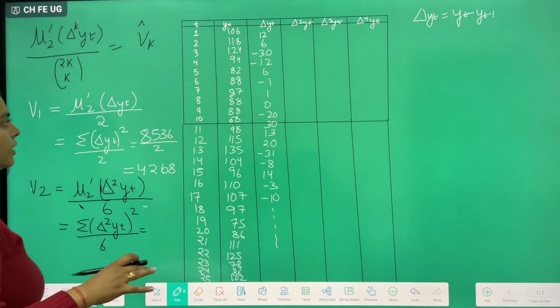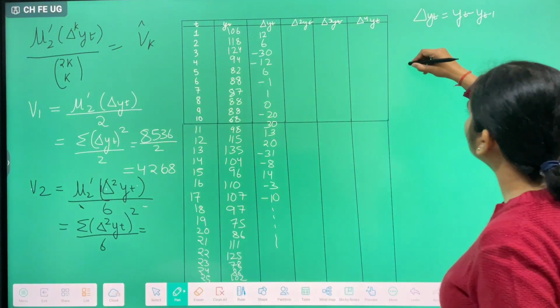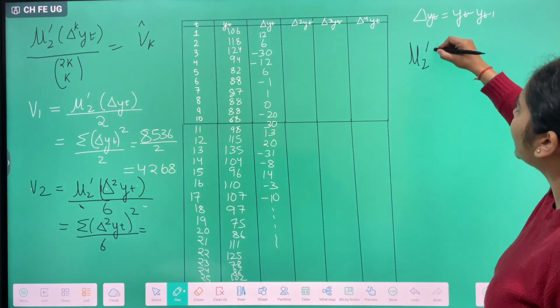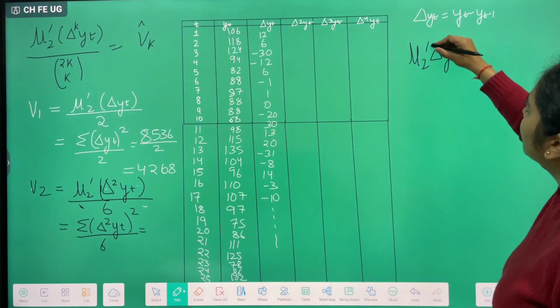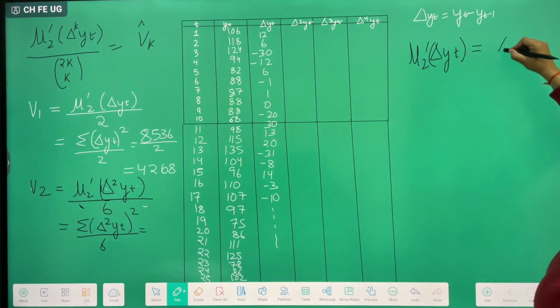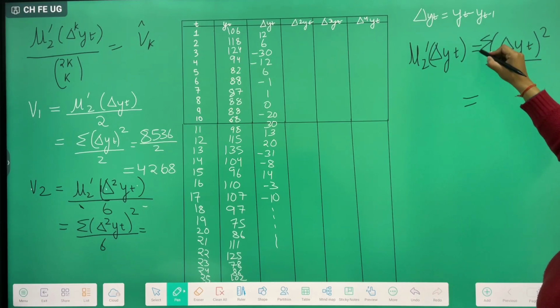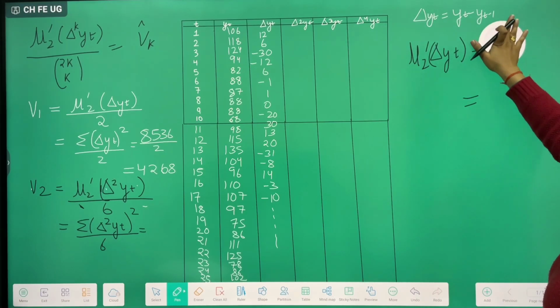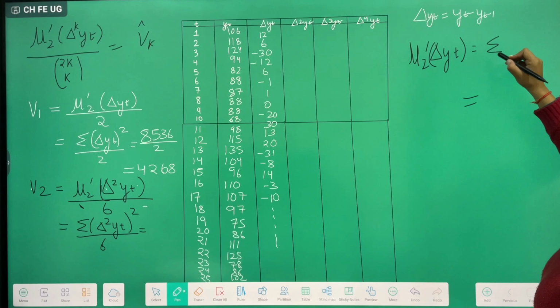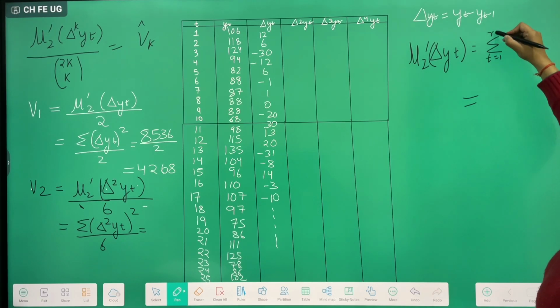There is one thing. If we are calculating mu 2 dash delta yt, it would be nothing but the summation, t goes from 1 to n, of delta yt whole square upon n.